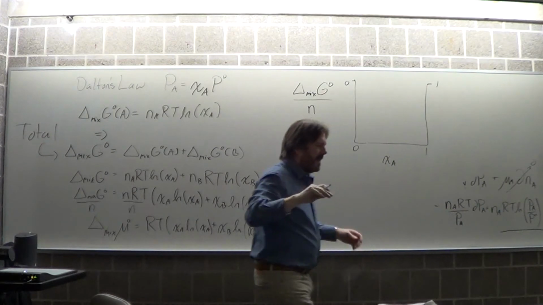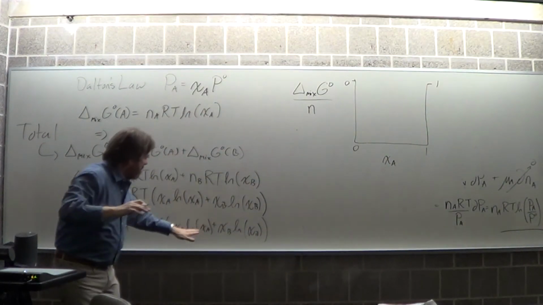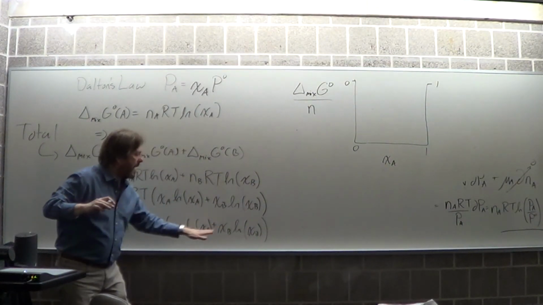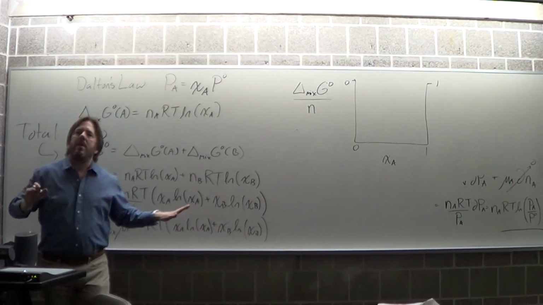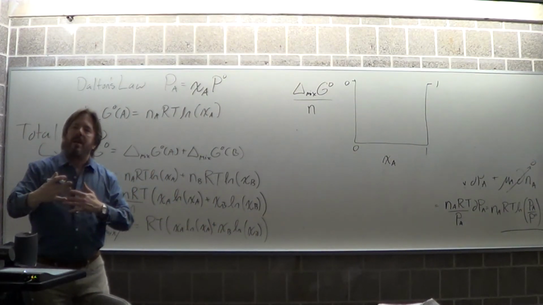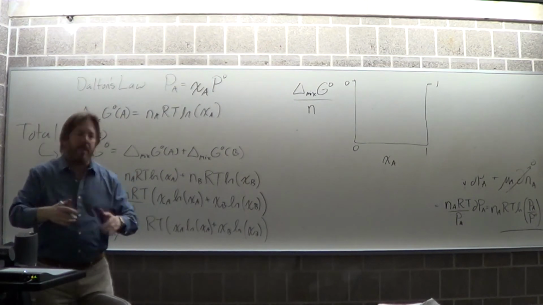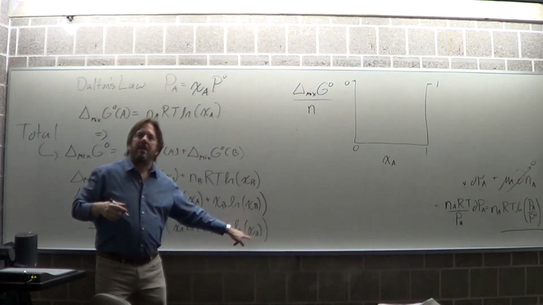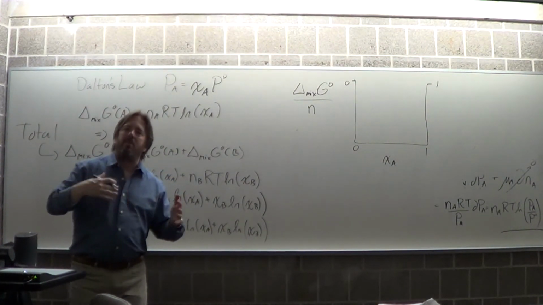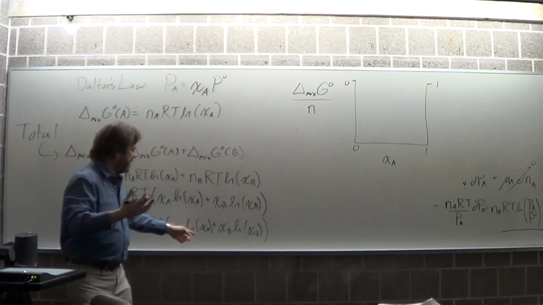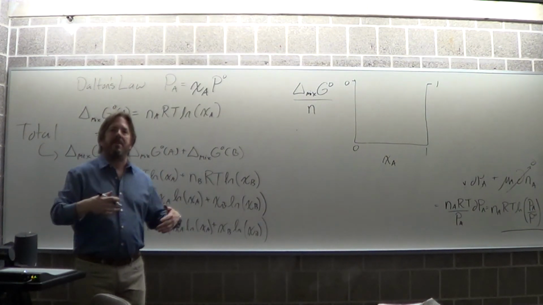Here's what this is. Regardless, remember that these chi A's and chi B's are going to be a function of the setup. Did I have a mole of A, a mole of B? Well, then these are a half. Did I have 90% A, 10% B, and then they mixed? Well, there's your chi A, and then chi B is 1 minus that.